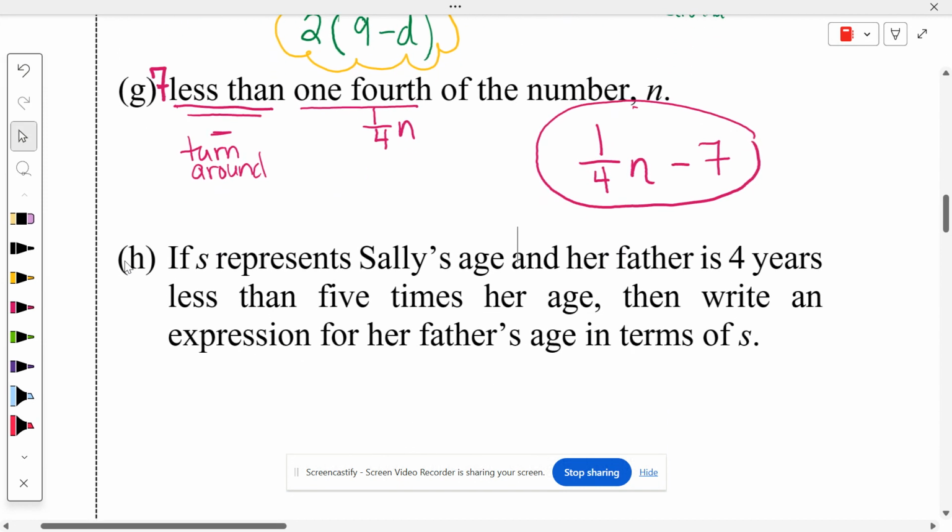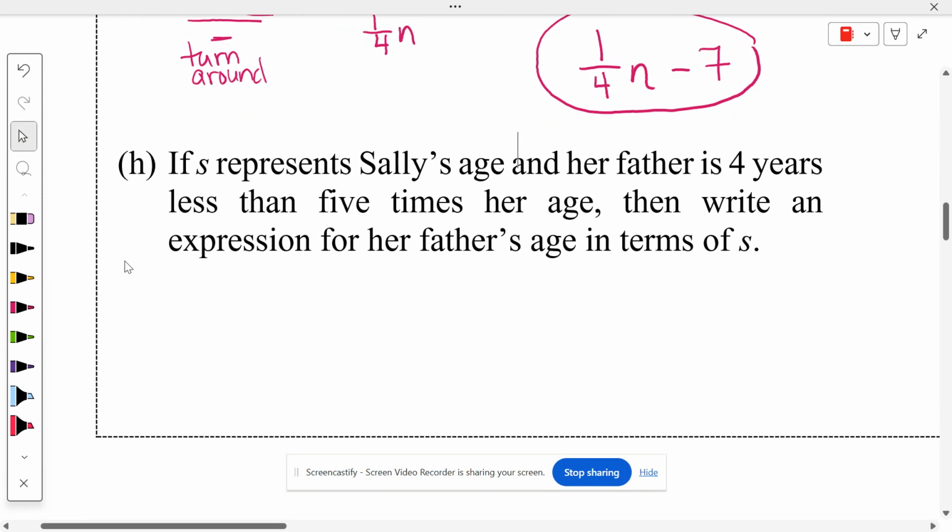Okay. Our last example. If S represents Sally's age and her father is 4 years less than, that's a turnaround word, 4 years less than, so that means I'm going to subtract 4. 4 years less than what? 5 times Sally's age. Well, Sally's age is the letter S. 5 times Sally's age.